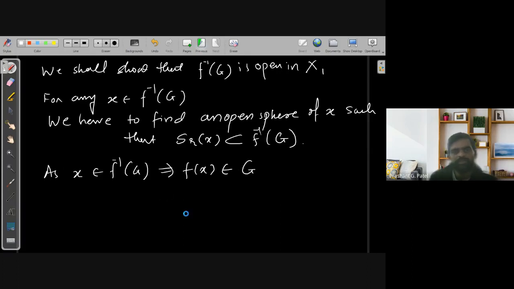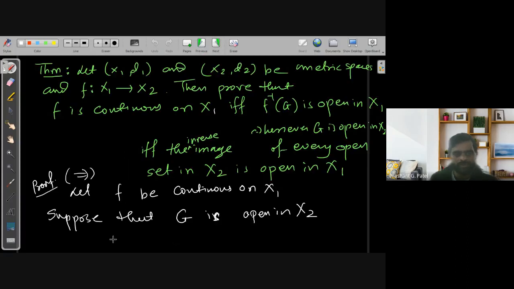Now what is G as per our assumption? G is open in X2.